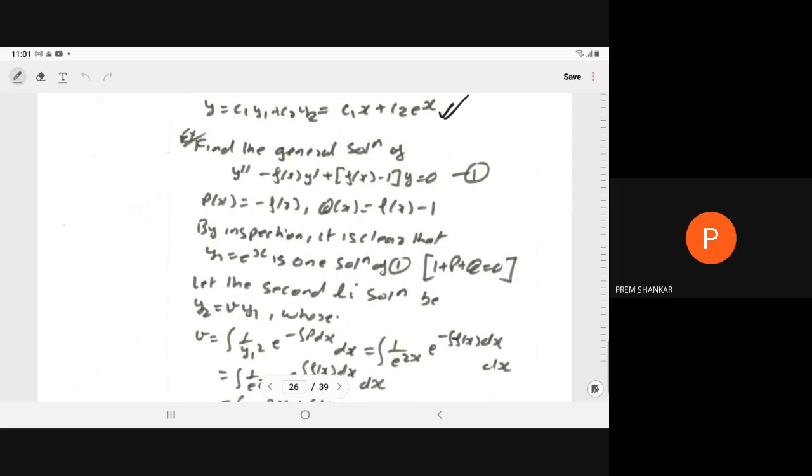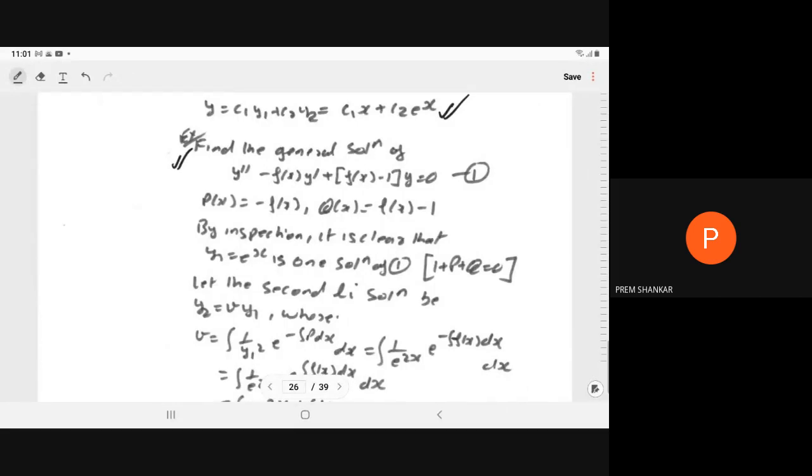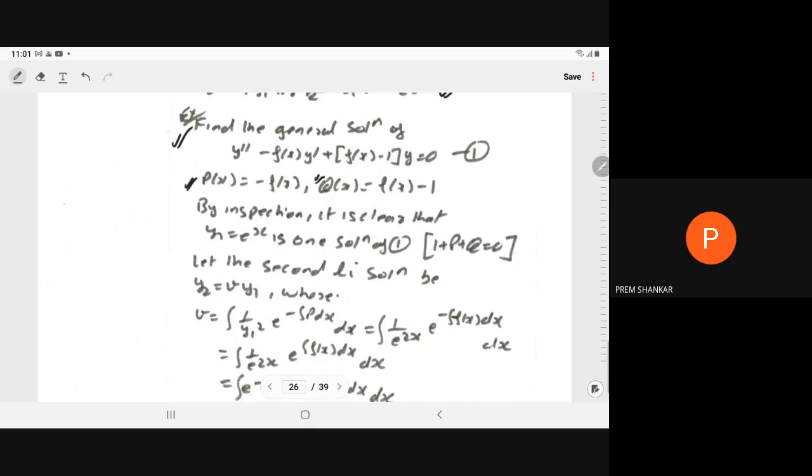Find the general solution of y double dash minus fx y dash plus fx minus 1 into y is equal to 0. If you compare it with the standard equation y double dash plus px y dash plus qx y is equal to 0, you will get px is equal to minus fx and qx is equal to fx minus 1.